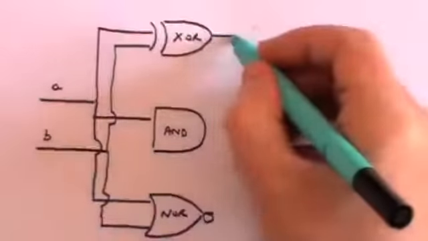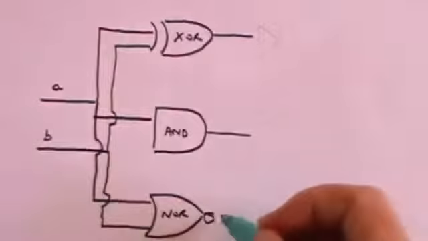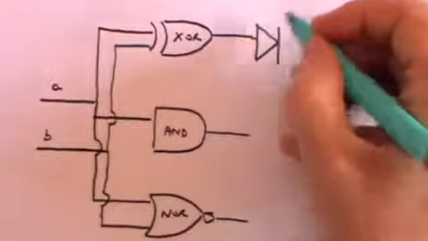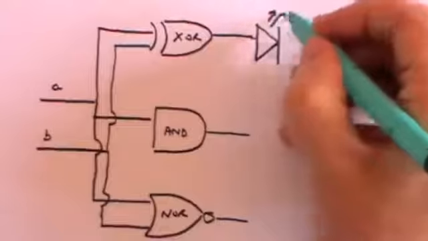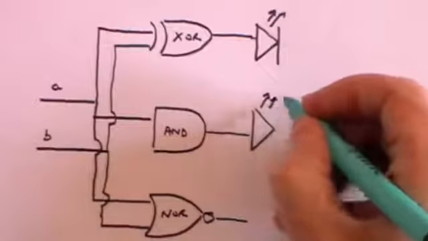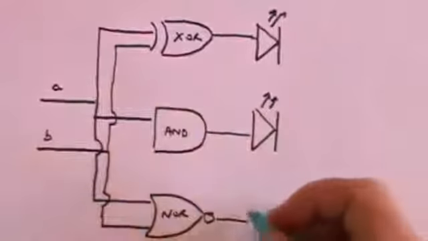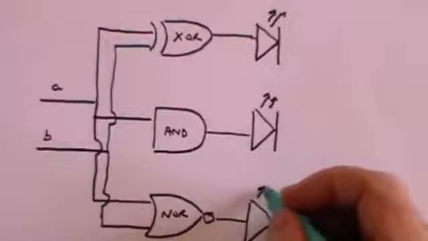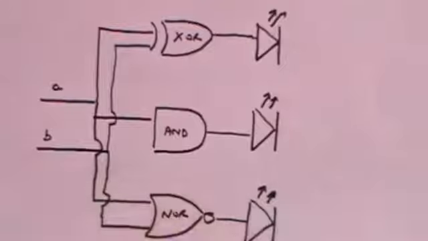They are all going to have outputs, and what I'm going to do is send those outputs to a light emitting diode. These are diodes which will glow red, or any colour actually, but red is a common one, if there is a voltage coming down the line, but they won't glow if there isn't.